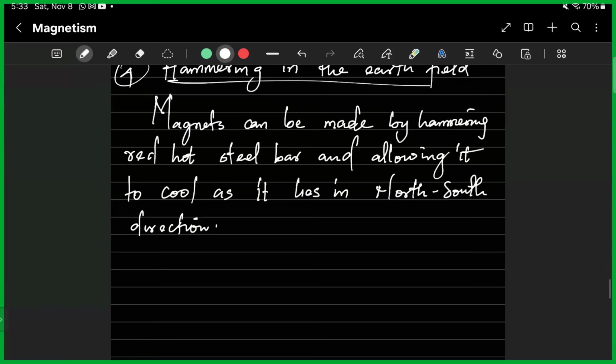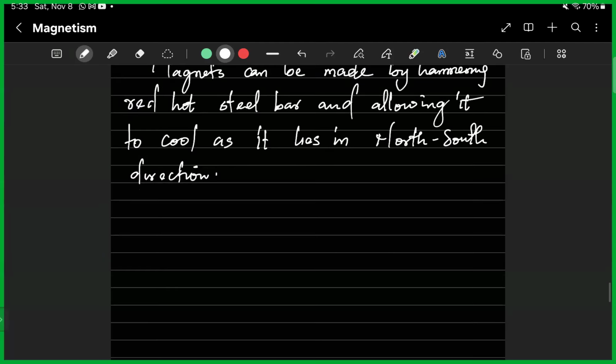And the last one is what I'll call number 5, induced magnetism.